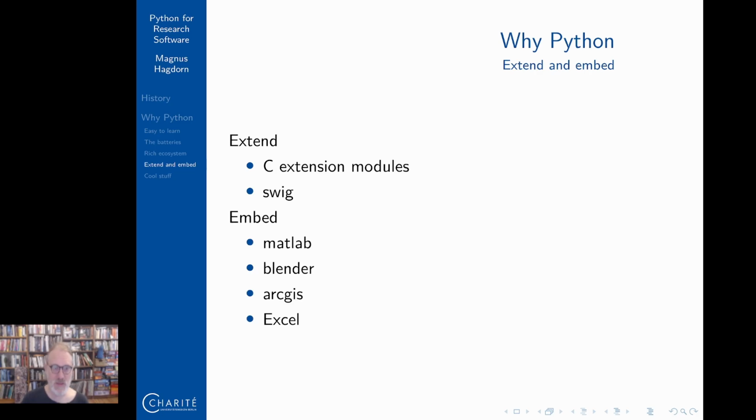The other way around is you can embed Python interpreter in bigger projects. So for example, Blender and ArcGIS use Python as their scripting language. And more recently, even Microsoft Excel allows you to embed Python code in your spreadsheet.